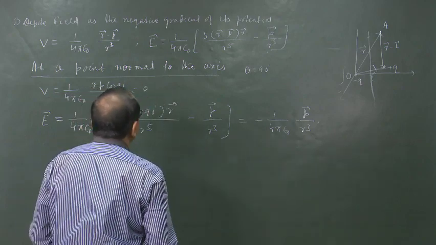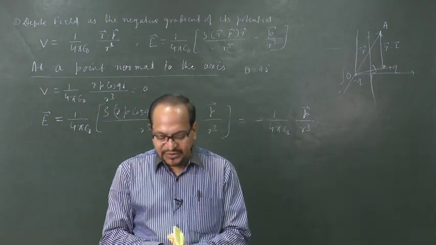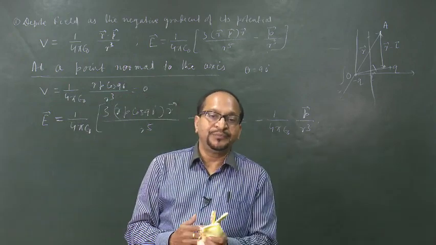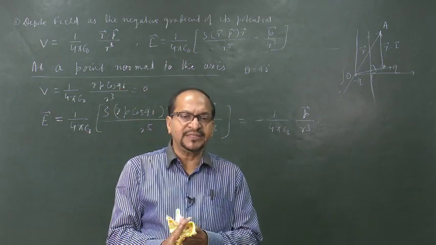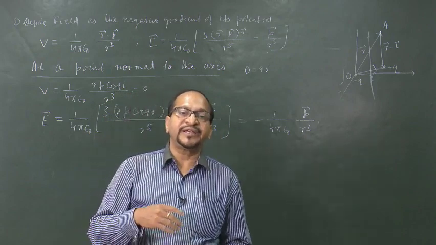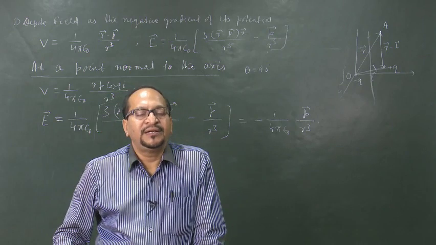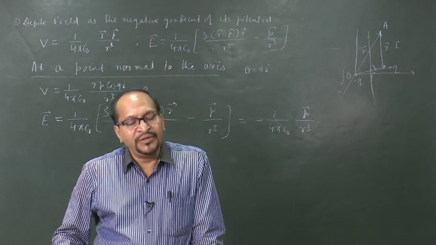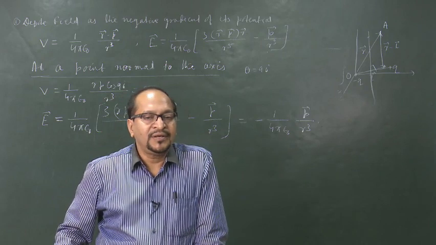Okay. So, so far we have discussed field and potential of a dipole. Now, let us see what is the interaction of a dipole with an external electric field. Dipole has its own field and potential, and when we place the dipole in an external electric field, what happens?